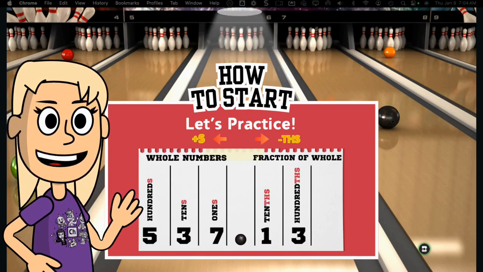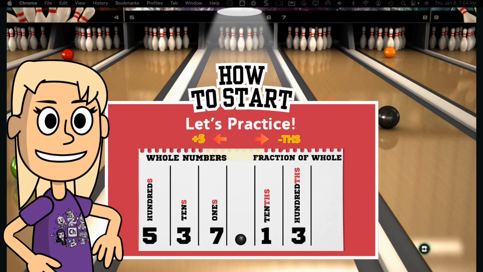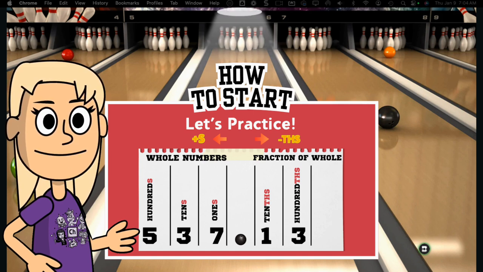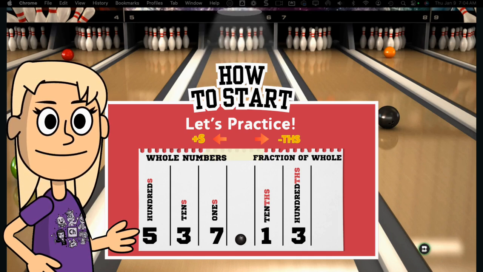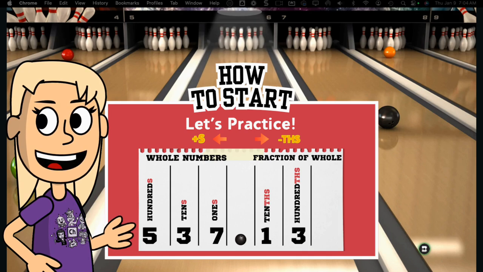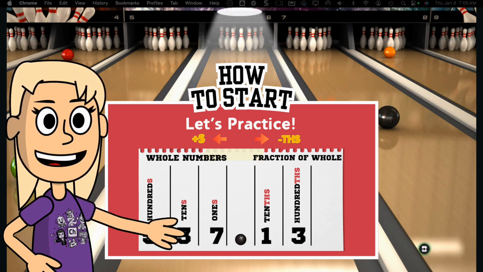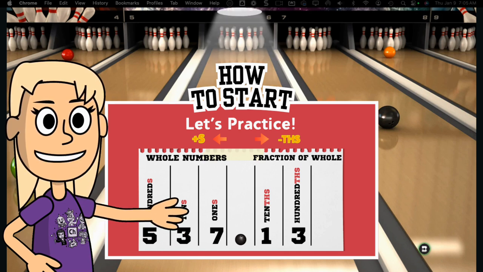Let's try this number, for example. This is 537.13. Notice I said point instead of the word decimal. That's just how we say it. So it's 5 hundreds, 3 tens, and 7 ones.